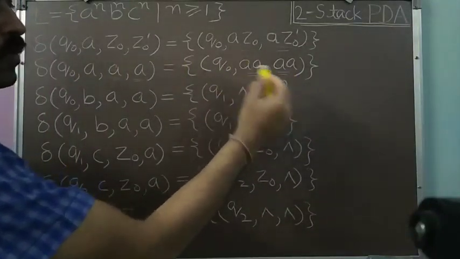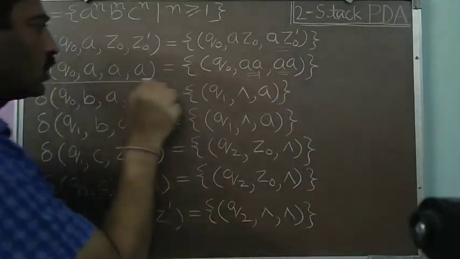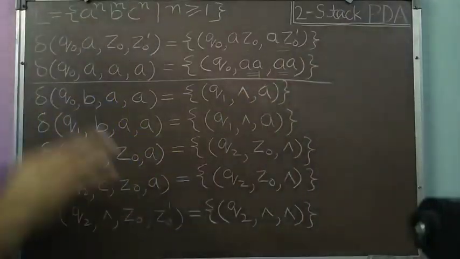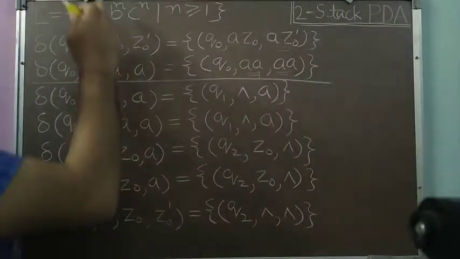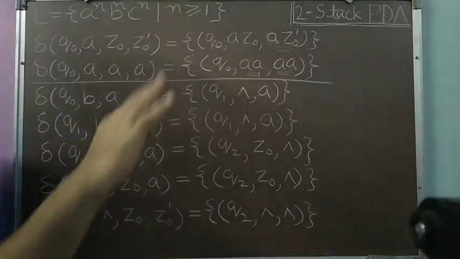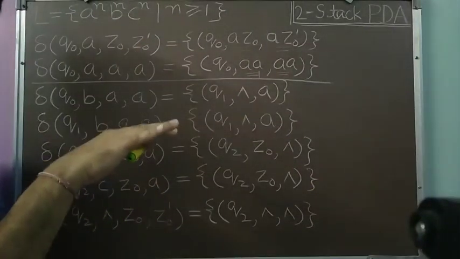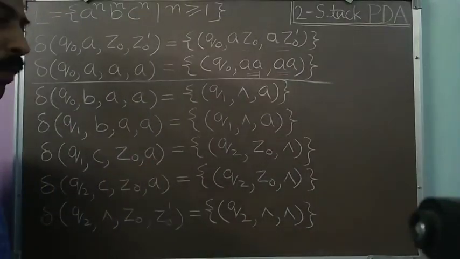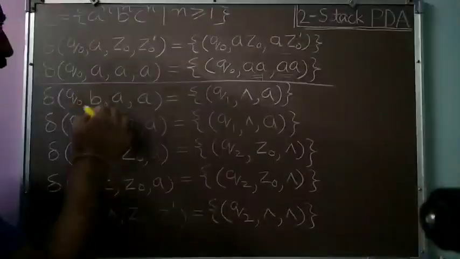So through these two transitions, we push the A's we get in the input onto both the push down stores. Now both push down stores have the A's we were getting in the input. Now we will start receiving our B's.